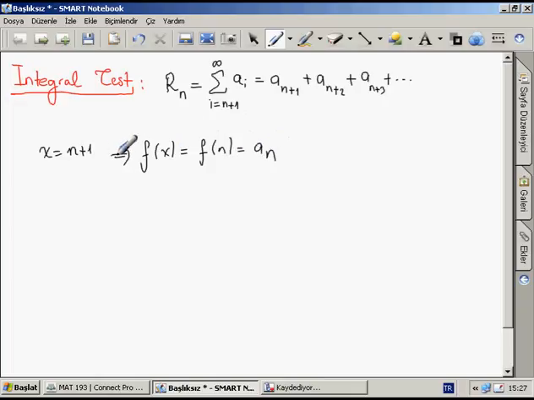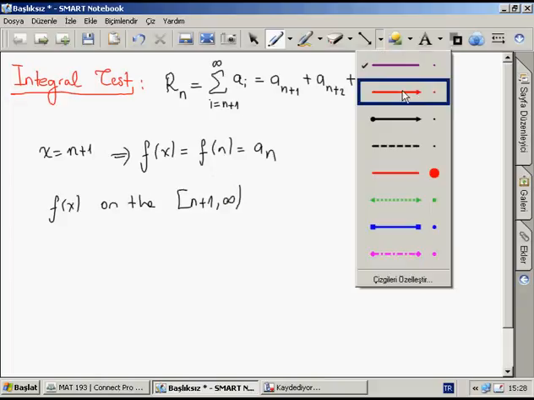Okay, so now we can take the f of x function on the interval n plus 1 to infinity. Okay, so the sketch will be like that.